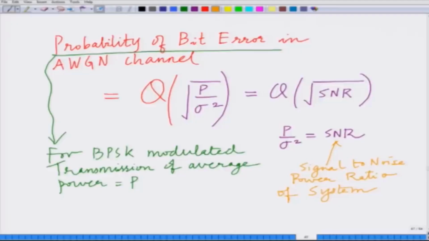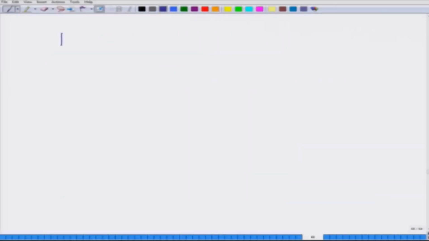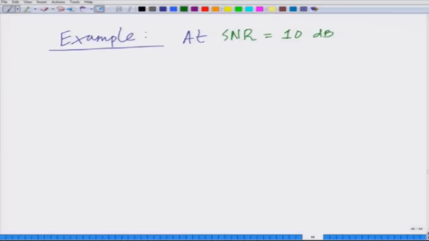Correct. So, let us do a couple of examples to understand this better. So, in the first example, what we want to do is we want to compute at SNR equals 10 dB. So, we want to ask the question, at a signal to noise power ratio of 10 dB, what is the bit error rate?